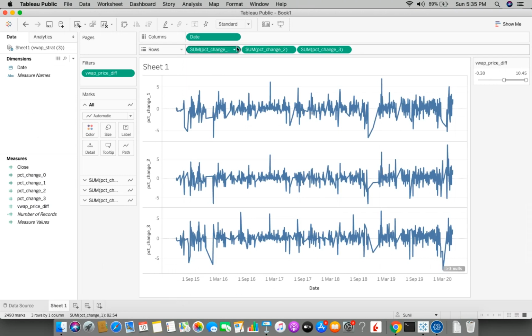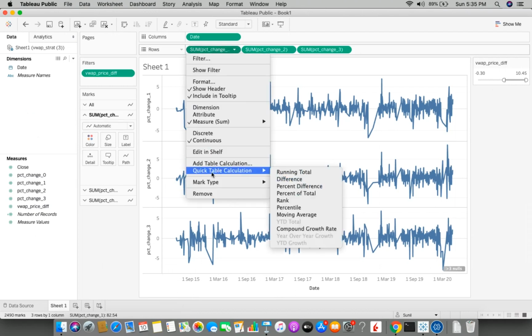Okay, but another thing is it is showing the price change of that particular day. I will calculate it as a running total.